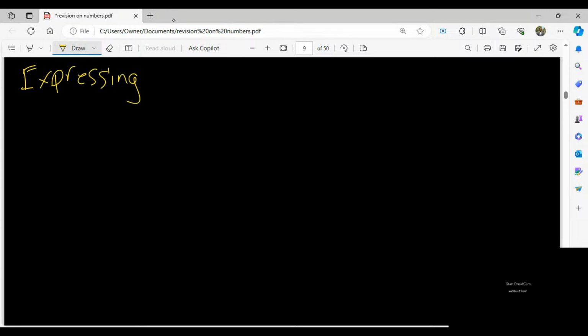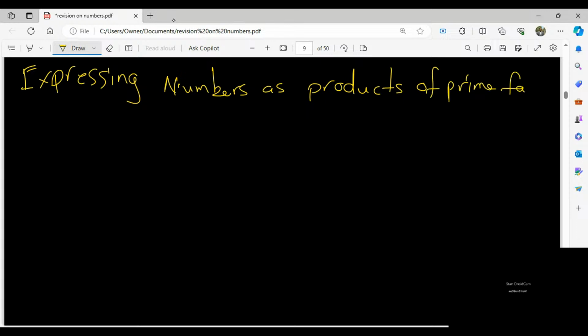Expressing numbers as products of prime factors. Okay, as products of prime factors. So firstly, you need to appreciate what a prime number is.